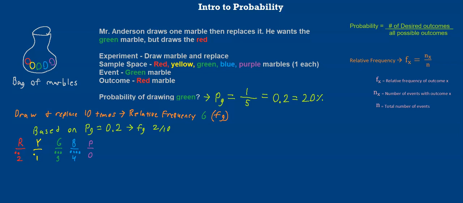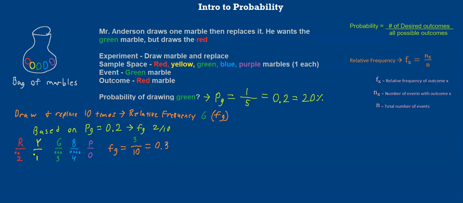So what was the relative frequency of our green marble? Well, the total number of events goes on bottom, and that was 10. And the number of times we got our outcome G was 3 times. So our relative frequency was just 3 over 10, or 0.3.